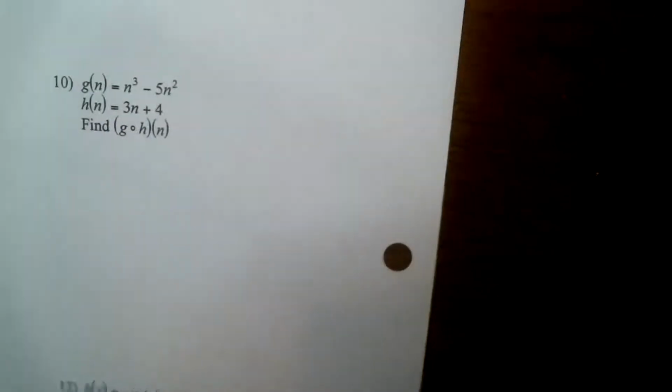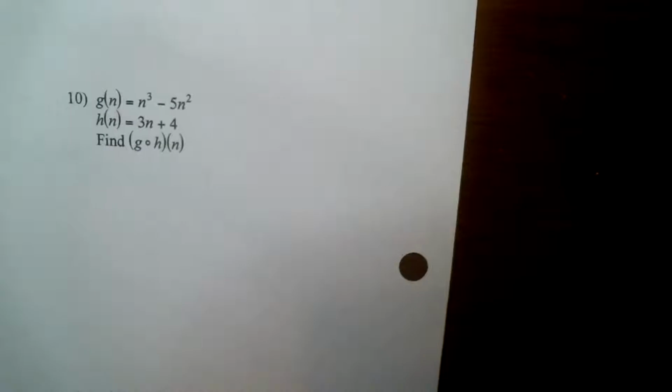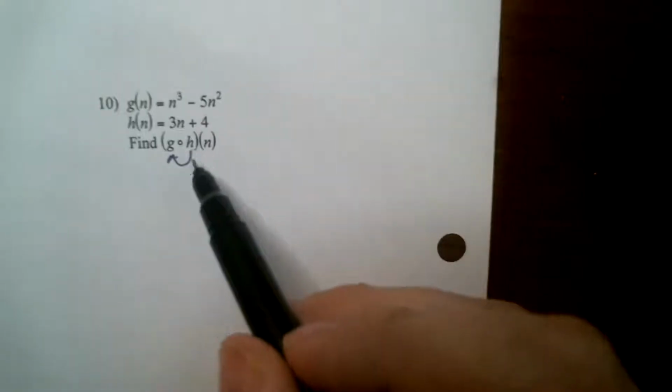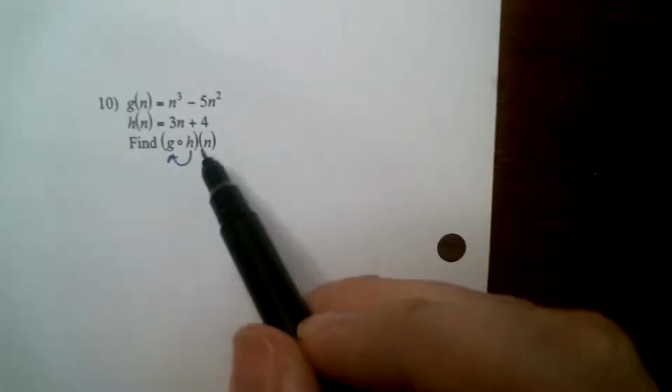Okay, so with number 10, here's what it's saying to do. G compose with H. And Abby, I'll go to 6 too here in a second. So that means we're putting H into G, and you're just solving it in terms of n.